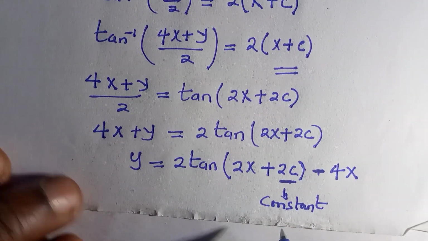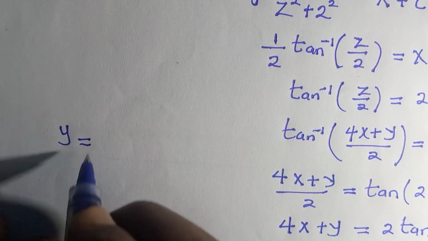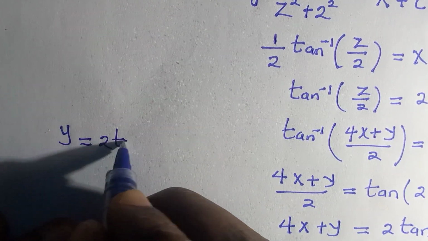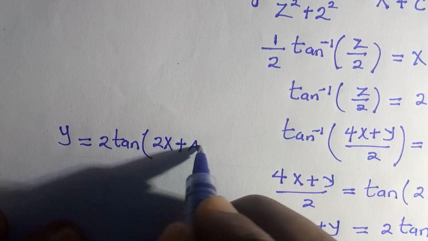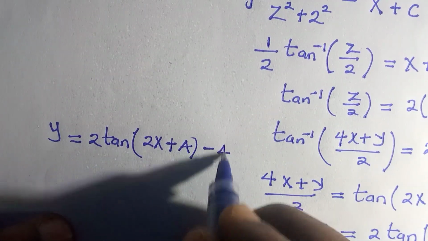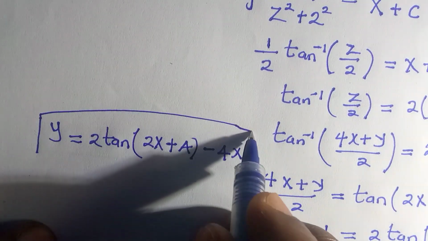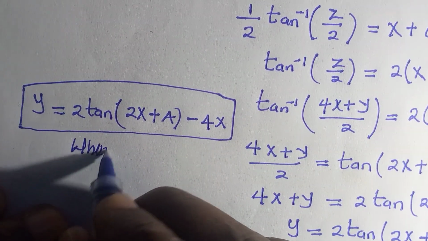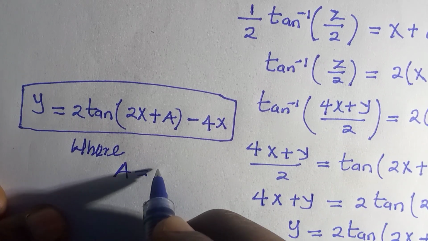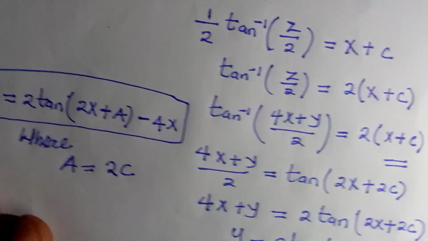I'm going to choose another letter, letter A, and I will conclude that y equals 2 tan bracket 2x plus a, minus 4x. Here is the solution to this problem above. Keep in mind that this a is known as 2c.